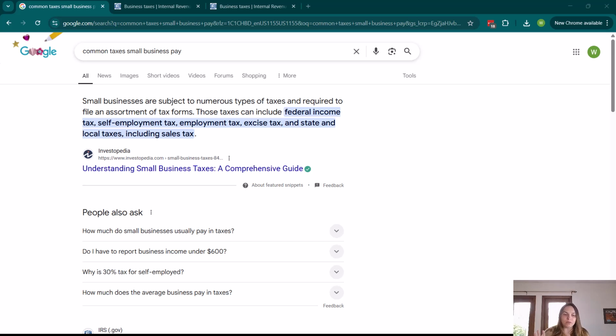So the way that you are treated for federal income tax and self-employment tax, the first two items on this list, is determined based on the way that you're treated from a federal tax perspective, okay? That's how we know whether your business pays federal income tax and if you are subject to self-employment tax, okay? So it all starts with your legal formation.